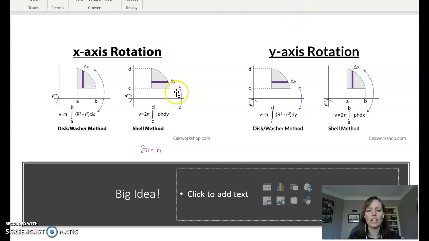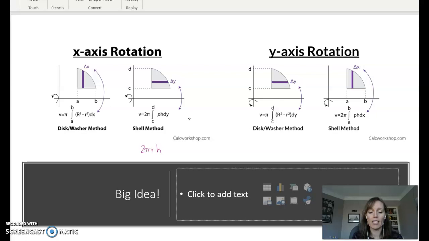So if we are rotating around the x-axis and we're using the shell method, then our function is in terms of y, because the height of those cylinders, you can see here by this rectangle, is going to be given by the function in terms of y.